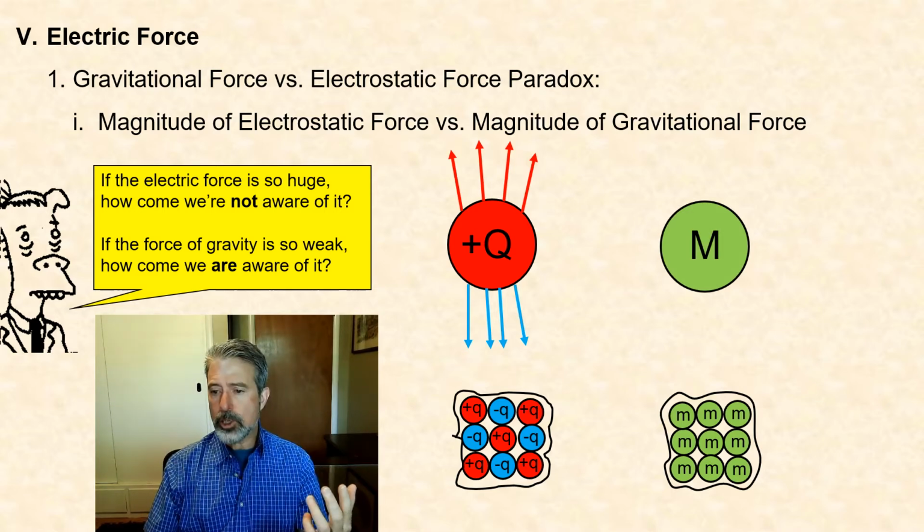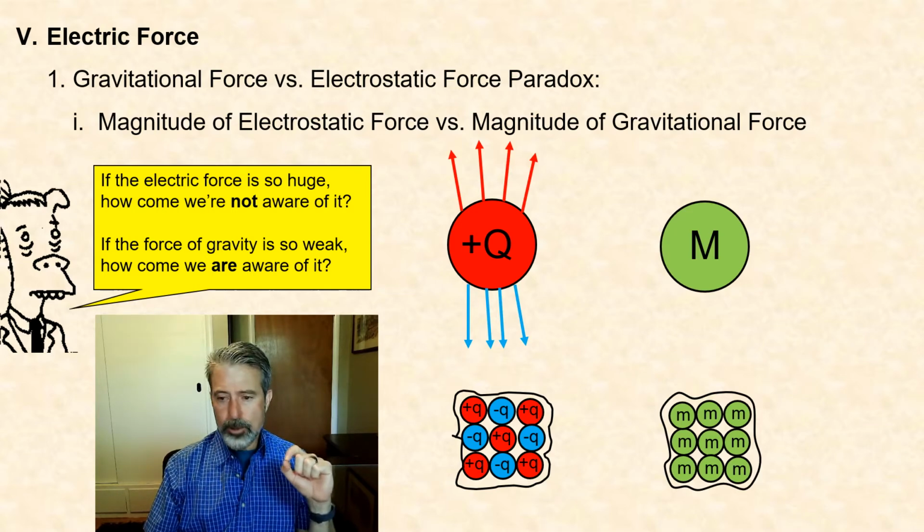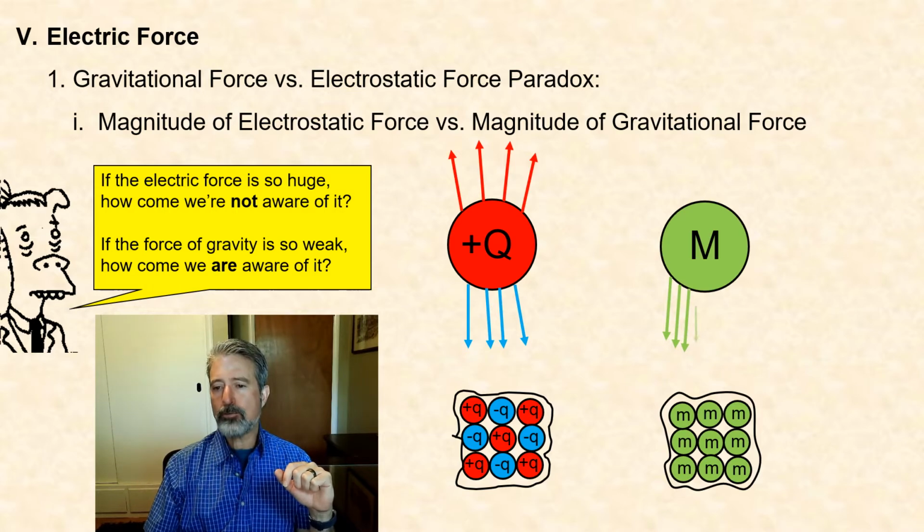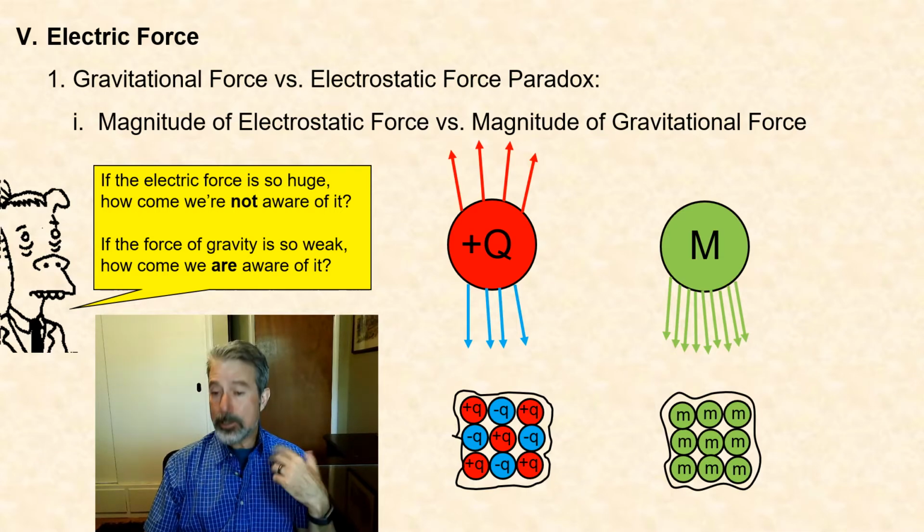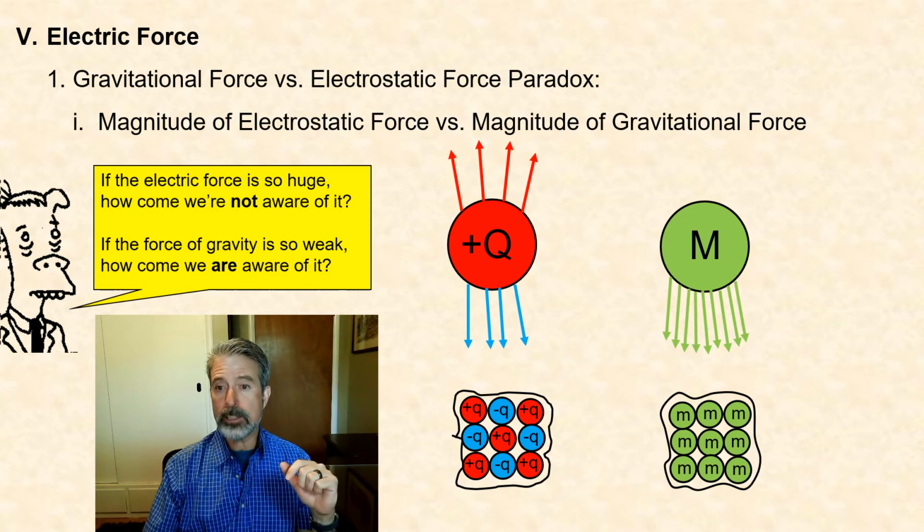And you will notice here, when it comes to gravity, all of those little particles in our sample of matter, and I'm counting 9 of them here, are going to exert an attractive force on this other sample of matter having a mass big M. This is because the force of gravity, as we said, is always attractive.